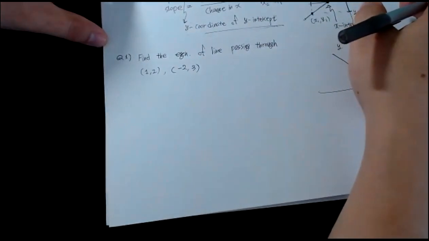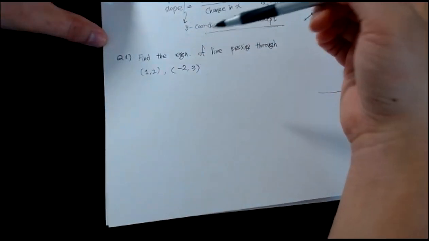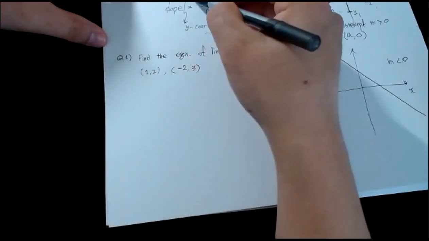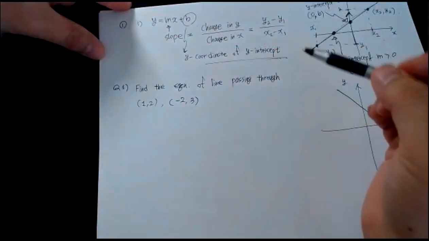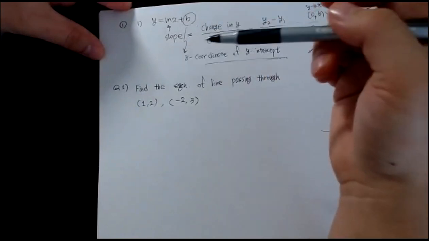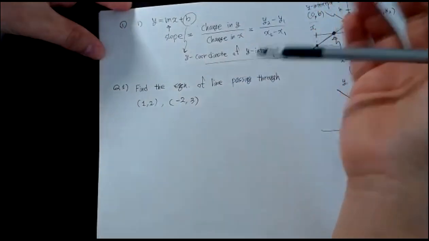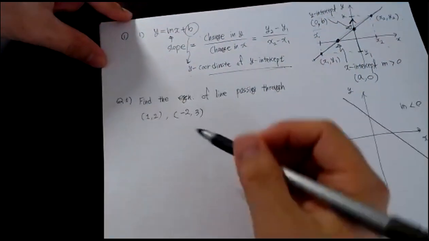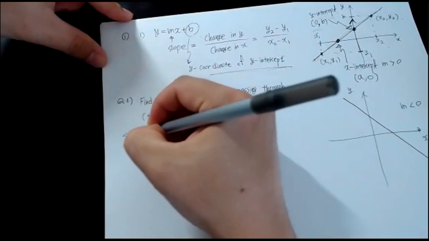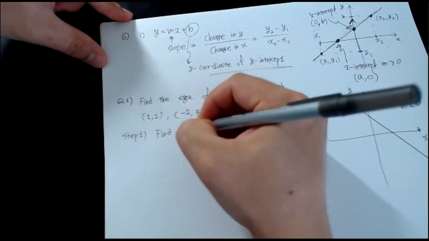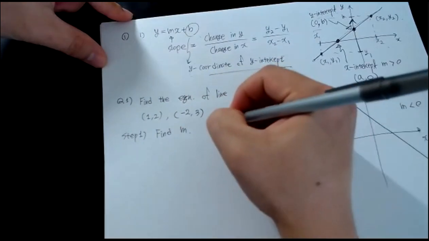So when the equation of a line in the problem is set in slope-intercept form, in that case you always have to find m and b. Just 2 steps, always. Step 1, find the slope, m. So what is m?